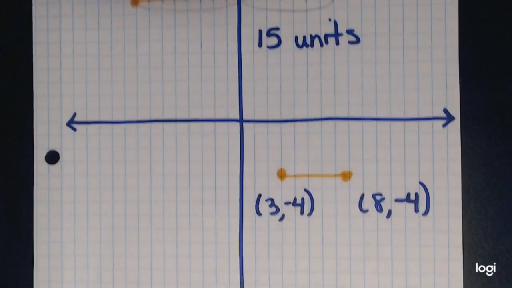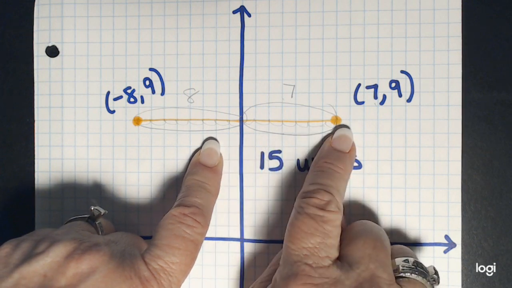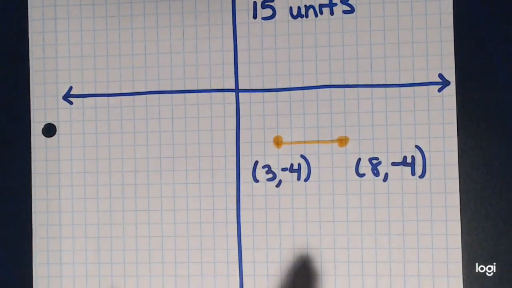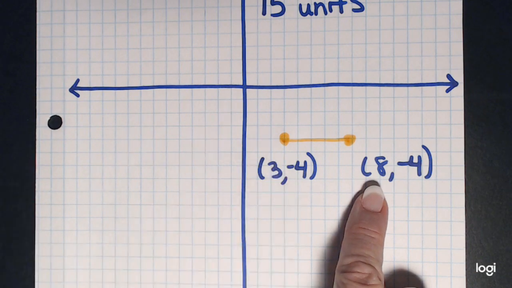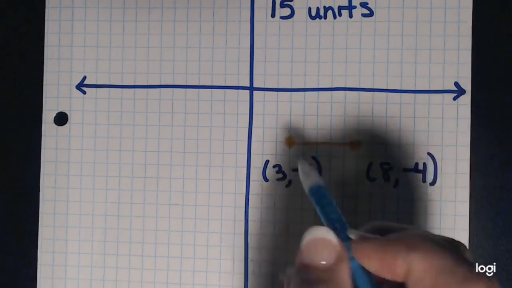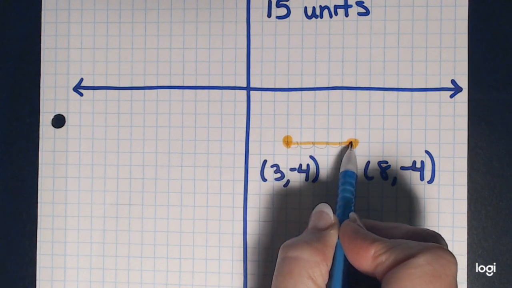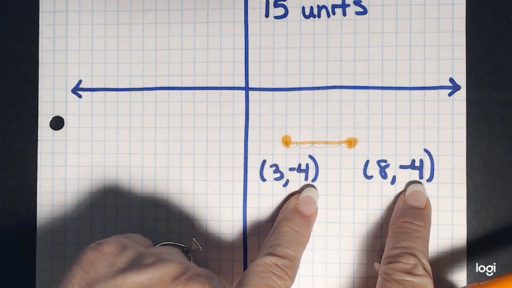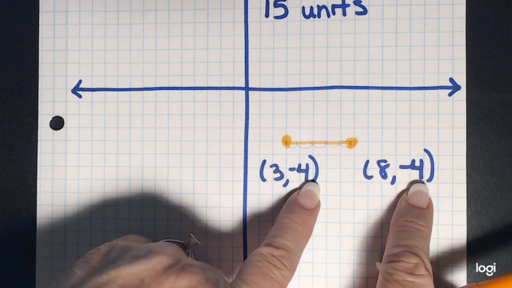Now, if you noticed up here, I was able to add the 2 numbers, but that's because 1 point was in one quadrant and 1 point was in the other quadrant. Down here, both of my points are in quadrant 4, so I can't really add anything. The best bet for me to do is either A, count from here to here, 1, 2, 3, 4, 5, or if I look carefully, my y is the same, negative 4, negative 4.